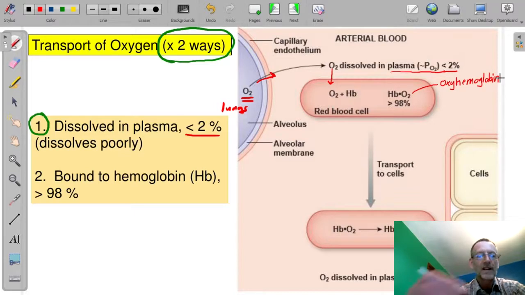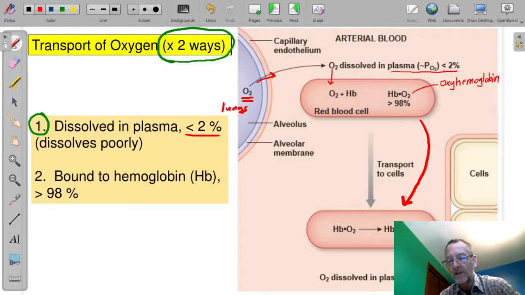Oxyhemoglobin. And then that is transported to the tissues through the blood. So it goes to the cells, and then the oxygen comes off of the hemoglobin.